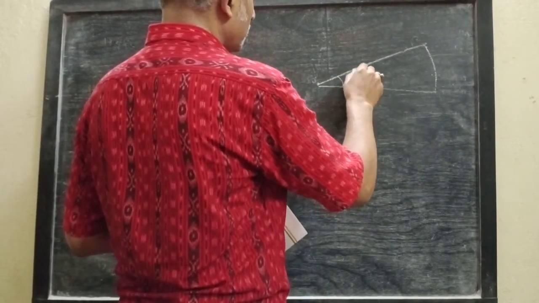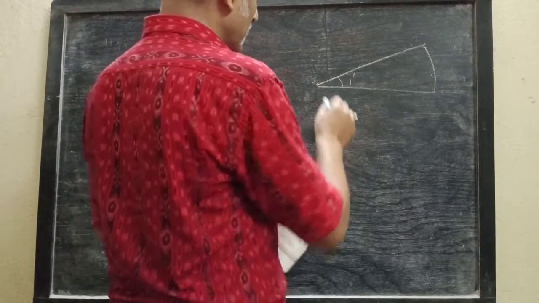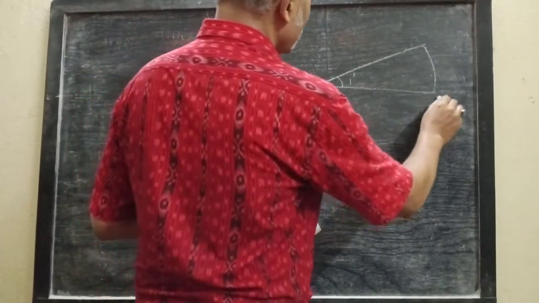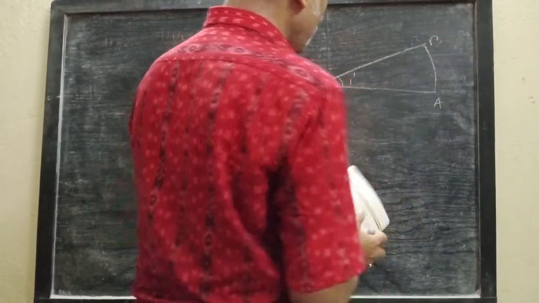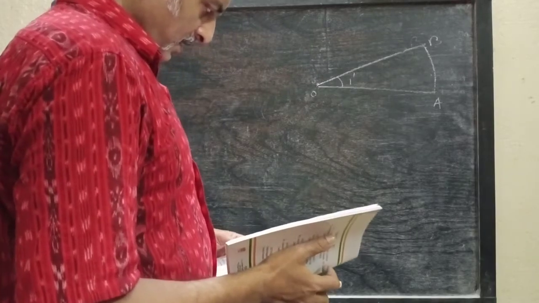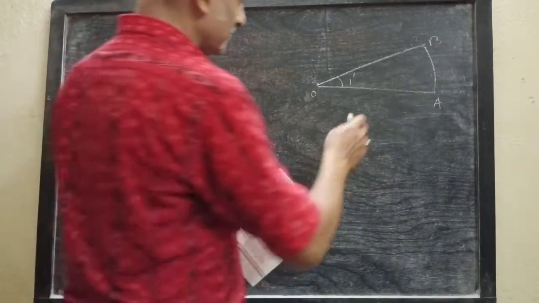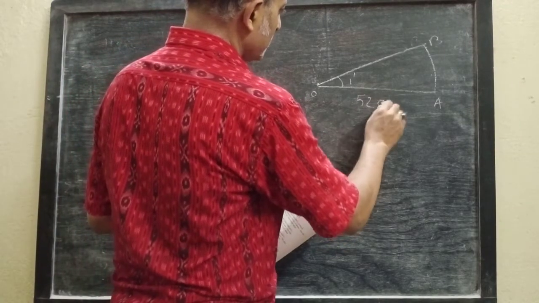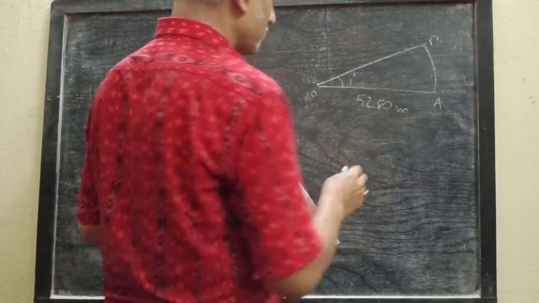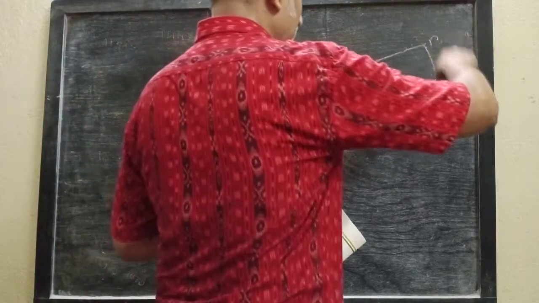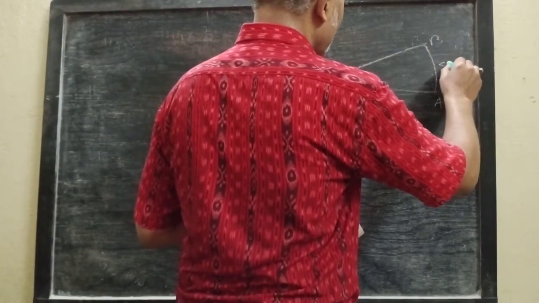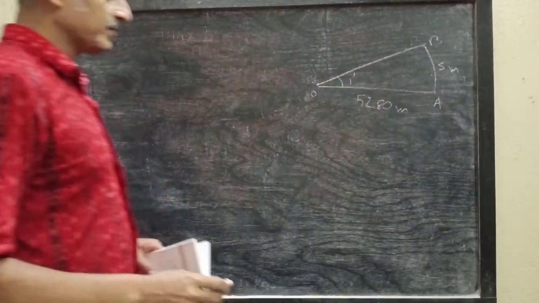This angle is 1 minute. This is O. Say this is AB. This radius will be 5280 meters. You are asked to find this length. Say this is S meter.